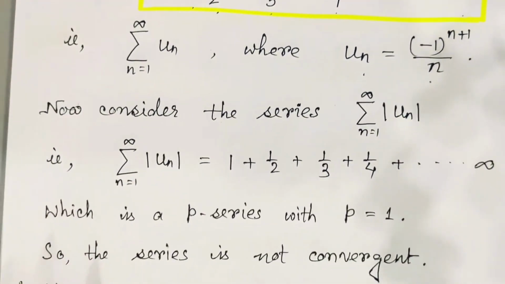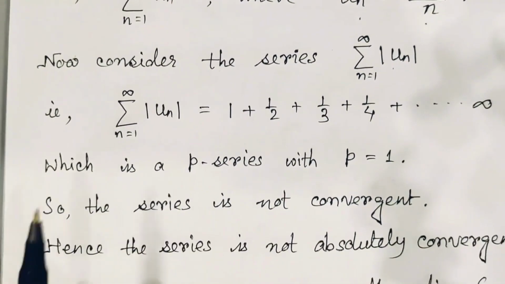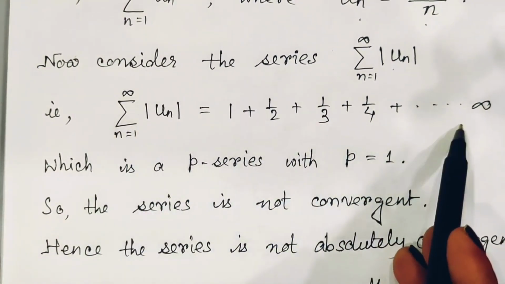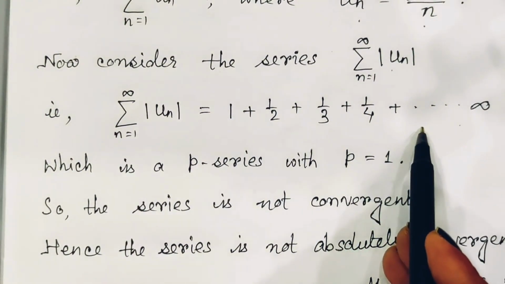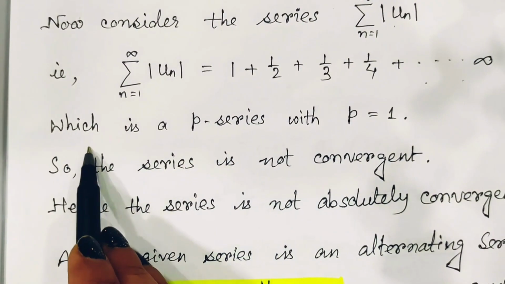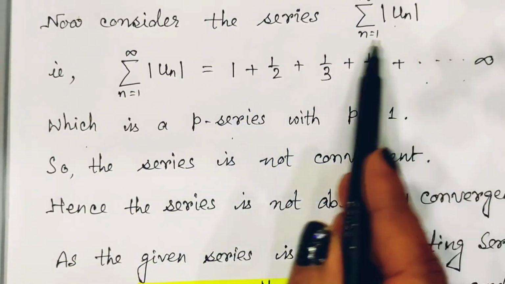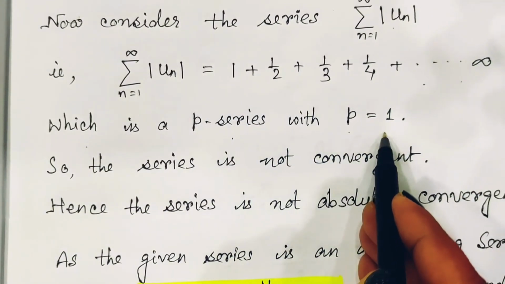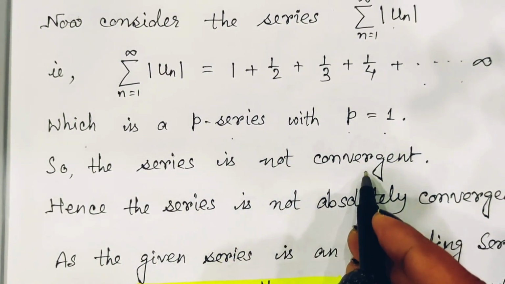Now if we consider the absolute value of this series, we find a series of positive terms, which is an HP series, or you can compare with the P series. This is a P series where the P value is 1. P equals 1 means the series is not convergent but divergent.